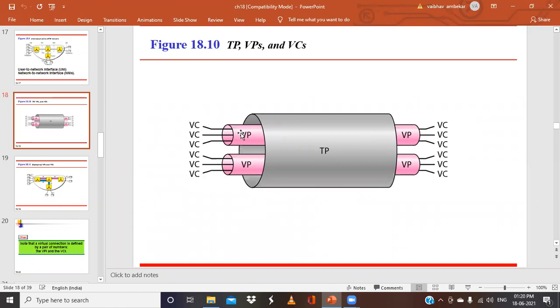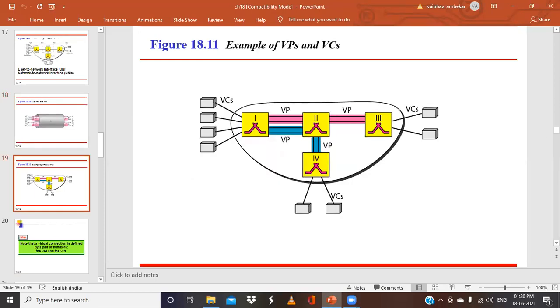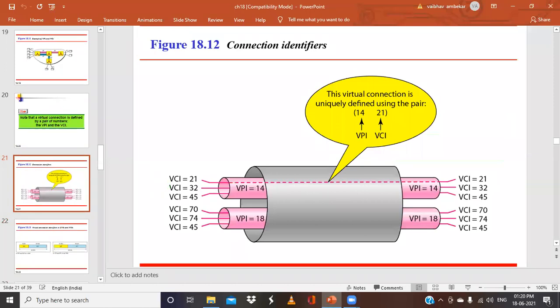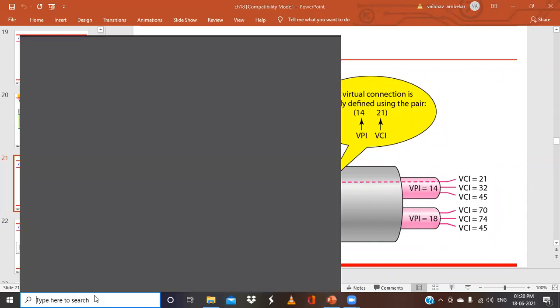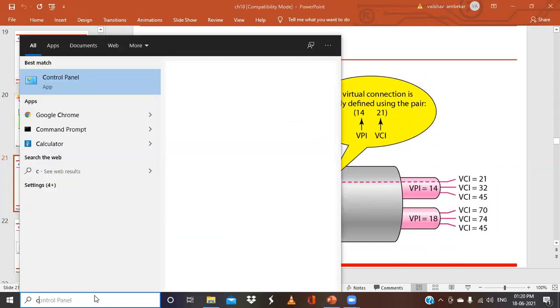So what are these VCIs? We can identify them as the VPI and VCI. In this diagram, you can understand. Here we have the VPI, and here we have the VCI. The VCI, or virtual circuit identifier, is nothing but the lanes inside the highway. I hope everyone knows what lanes are.